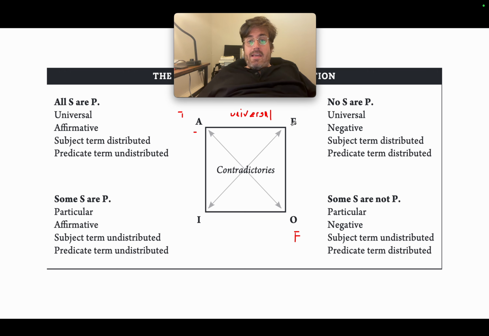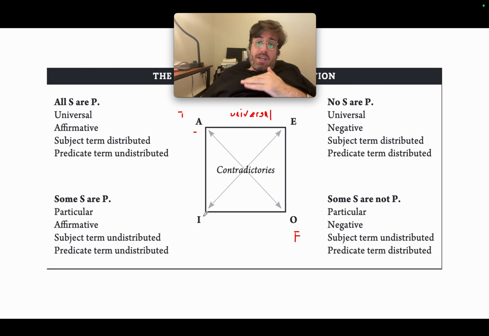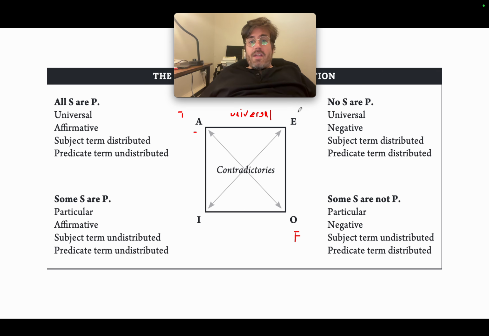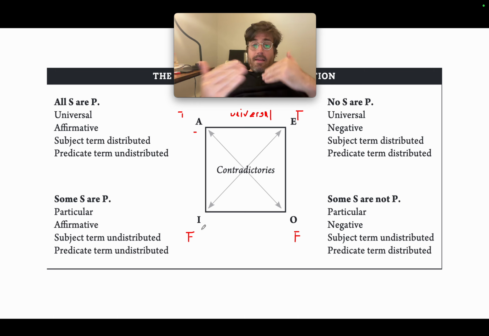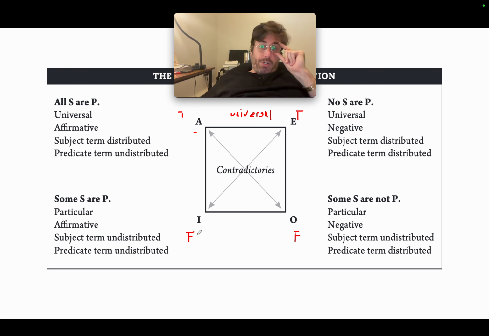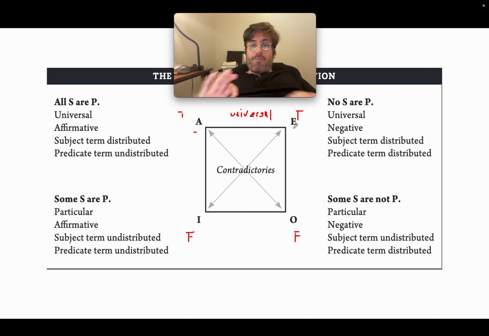And notice that E stands in a relation of contradiction to I. So if an E proposition is true, then the I proposition has to be false. And likewise, if an I proposition is true, the E proposition has to be false. That is an immediate inference that we are allowed to make every time we have two propositions standing in this contradictory relationship, A to O and E to I. All right, it's a move that we're allowed to make.